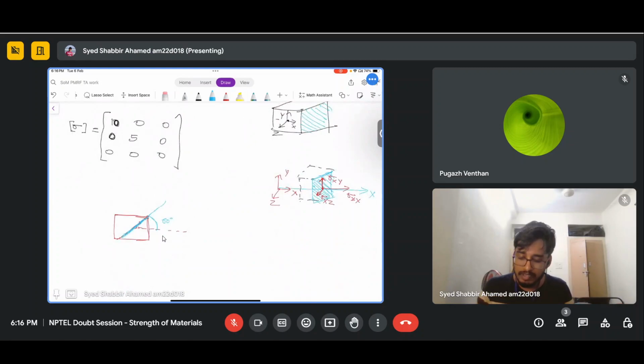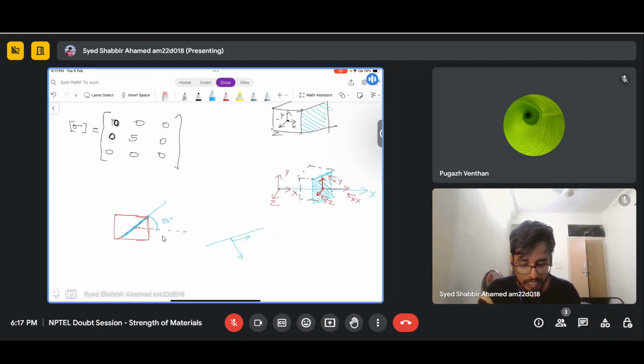I know what is acting on the x plane, y plane, and z plane. Now I have to find out the normal stress and the shear stress acting on this plane.